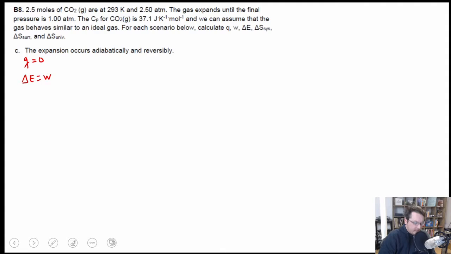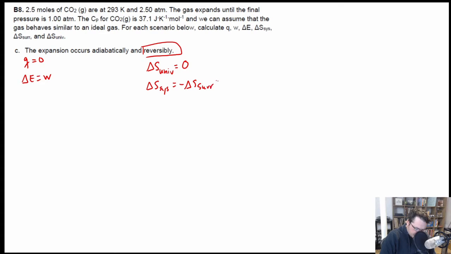The other thing that we know is that this is a reversible process. So if it's a reversible process, then delta S of the universe is equal to 0. The next thing we know is that delta S of the system is going to be equal to negative delta S of the surroundings.